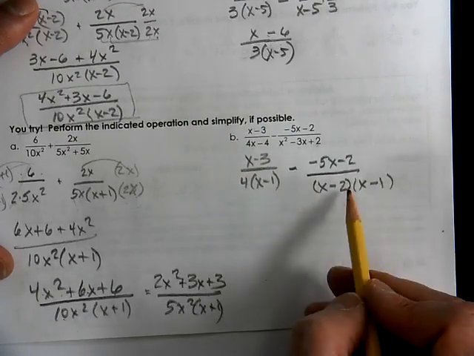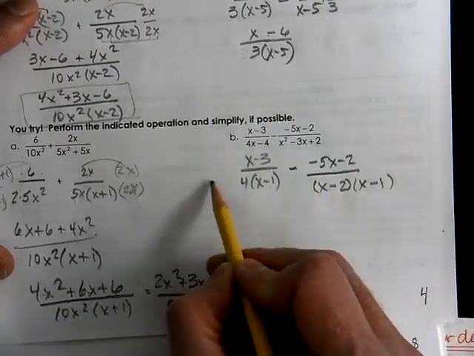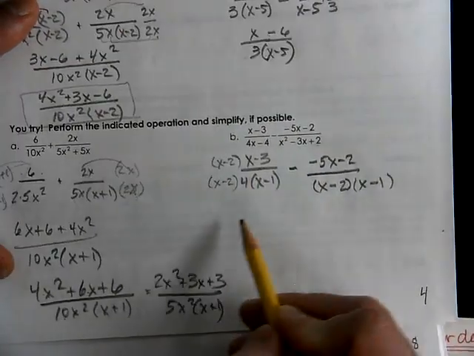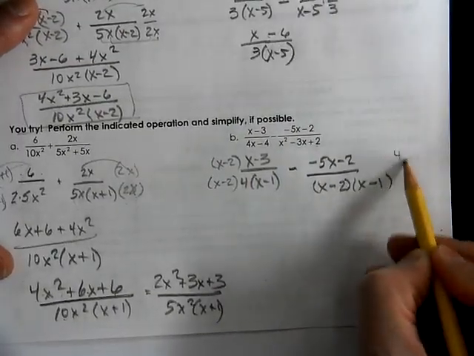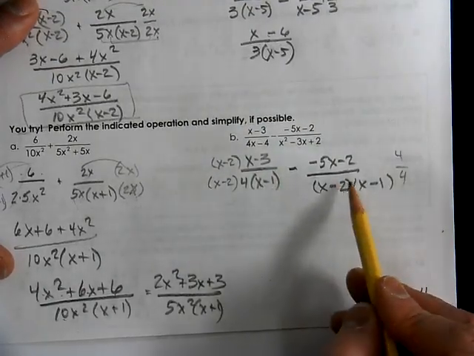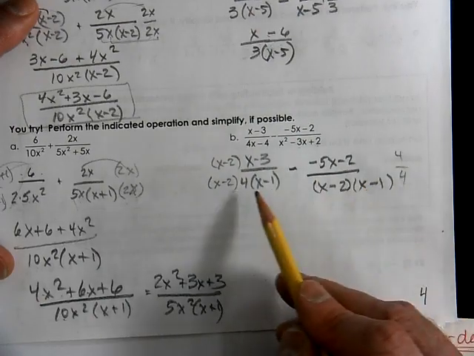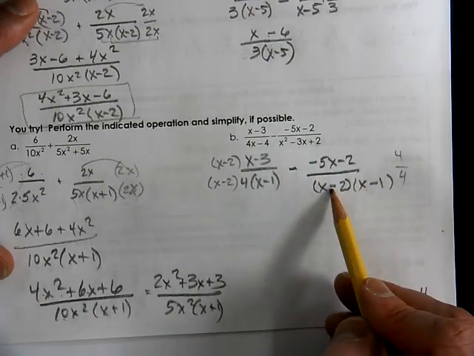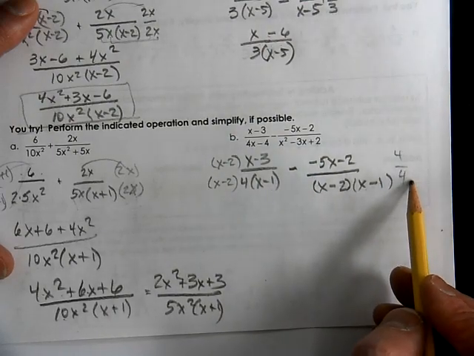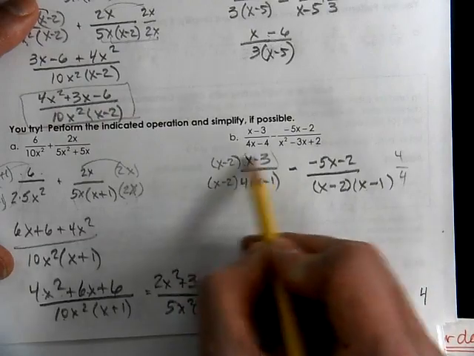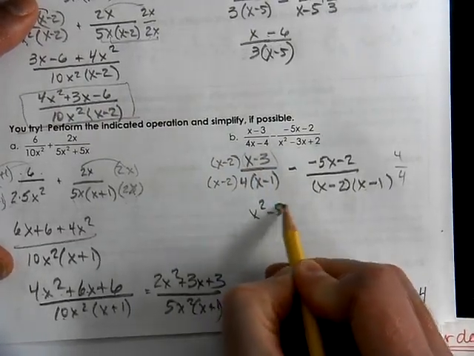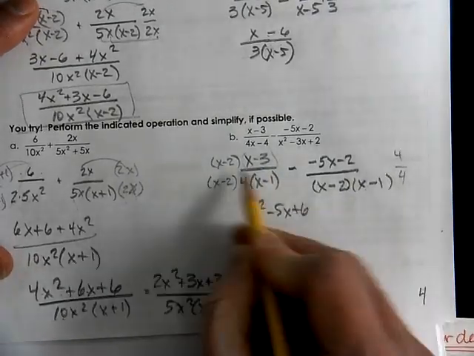Now, what are our denominators? What are we missing? This doesn't have x minus 2. This doesn't have a 4. Otherwise, they both have x minus 1. Now they both have x minus 2. And they both have the multiple of 4. So that's our common denominator. So we're going to FOIL this together to get x squared minus 5x plus 6.